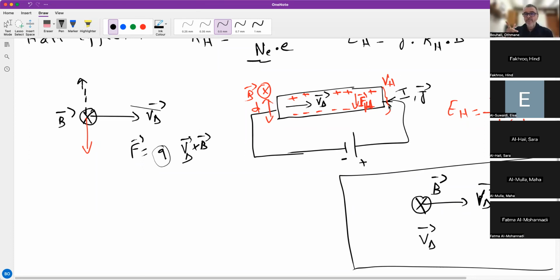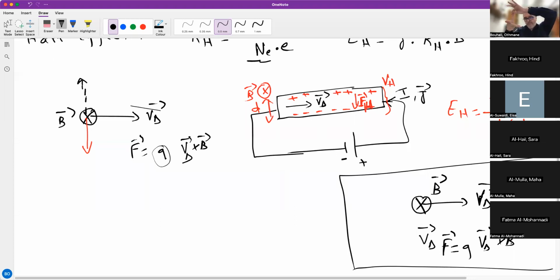Yes, Professor. So now I will explain to you, because usually I explain it with the bottle, but let's explain it with the right-hand rule. What do I want to do? I want to do this VD cross B, because this is the force. The force is equal to Q VD cross B, right? So I will take the right-hand rule. This is my right hand.